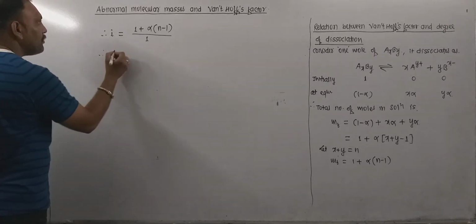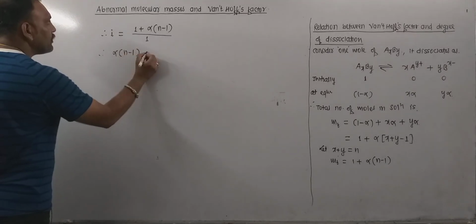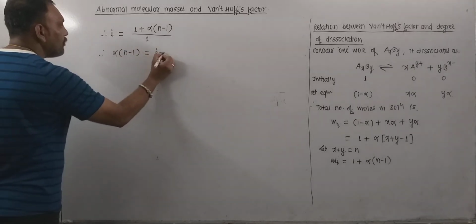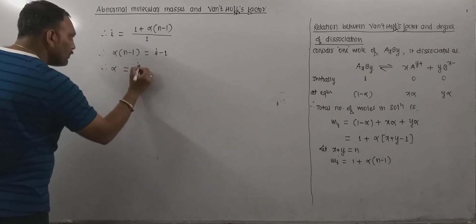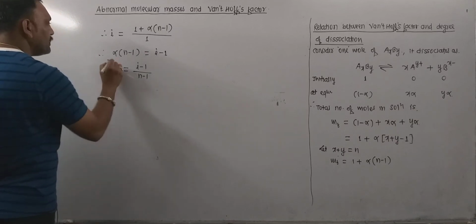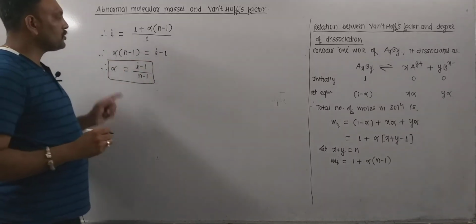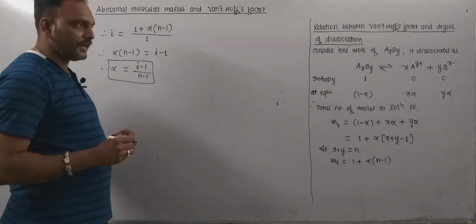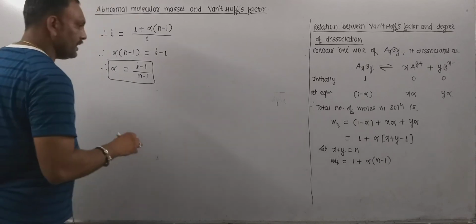So this can be given as alpha into (n minus 1) is equal to i minus 1. Thus alpha is equal to (i minus 1) upon (n minus 1). So this is the relationship between degree of dissociation and Van't Hoff factor when solute undergoes dissociation.